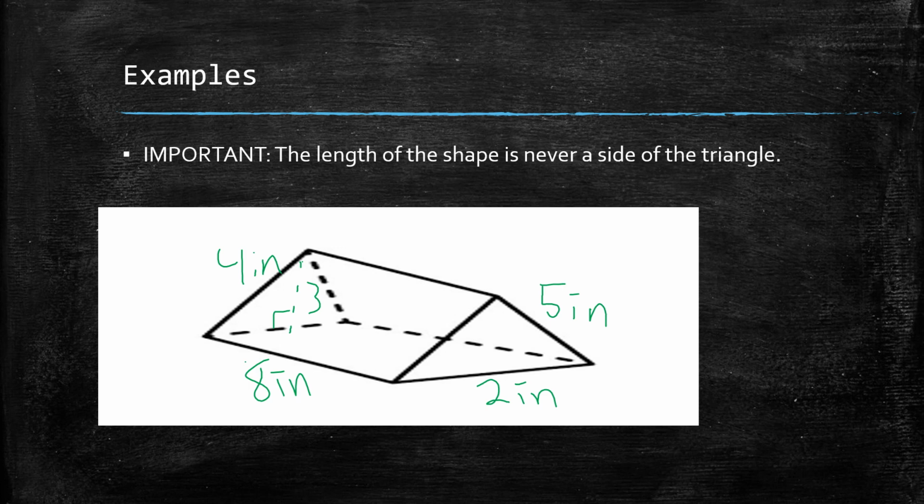Remember what the formula is, know what shape you're working with. You're finding the volume of the triangular prism. That is going to be the base times the height times the length, and we need to divide it by 2. So once again, there's your 90-degree angle.